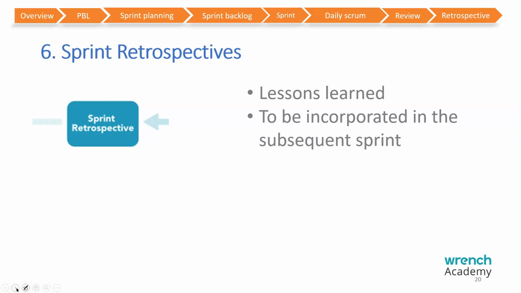That is a great advantage, because in the traditional models, these lessons learned happen at the end of the project, whereas here the lessons learned happen at the end of every sprint, and immediately the learnings get pumped back into the subsequent sprint planning meetings.